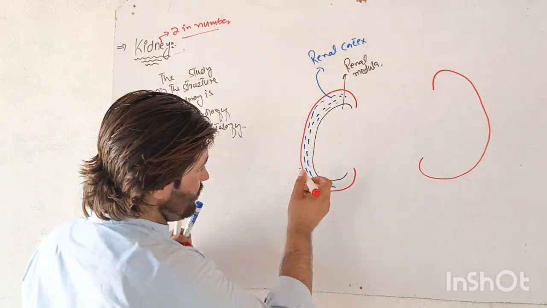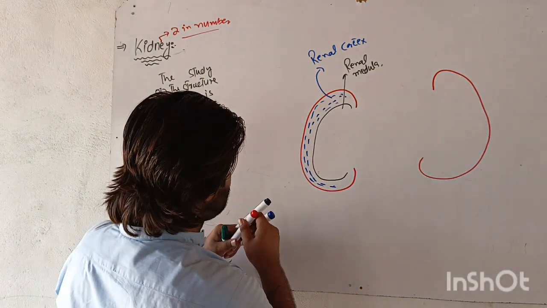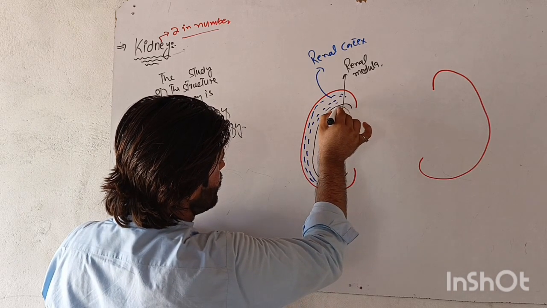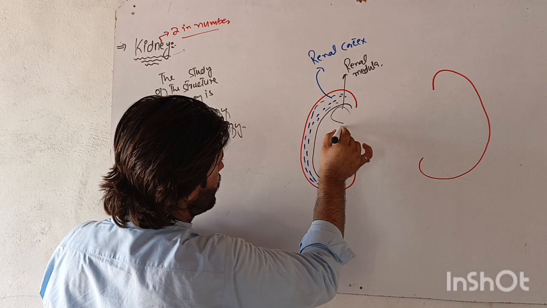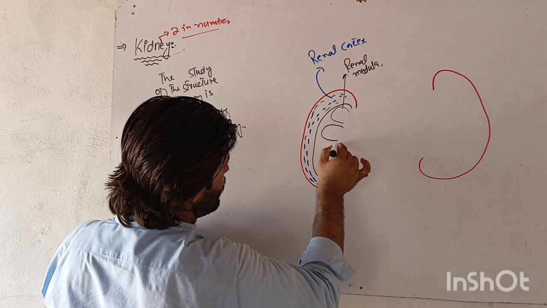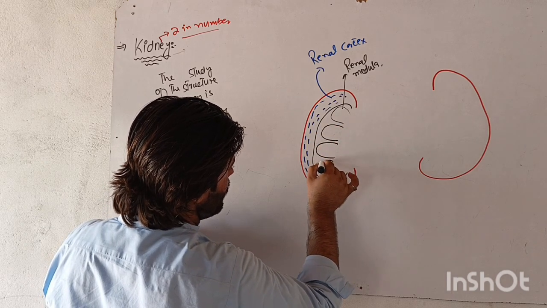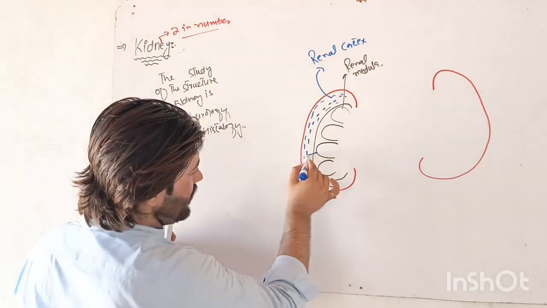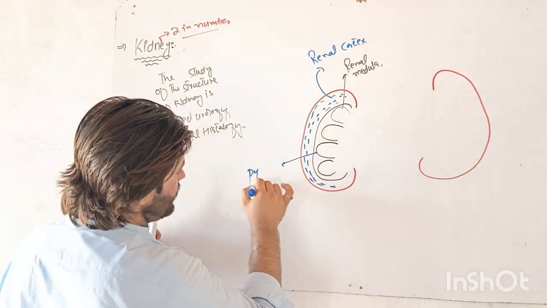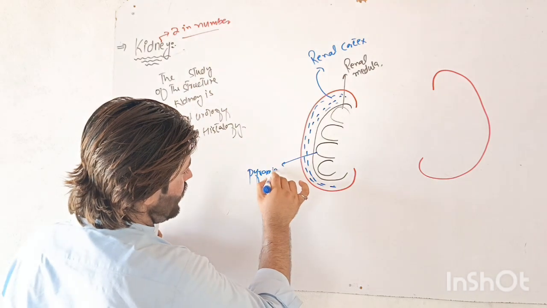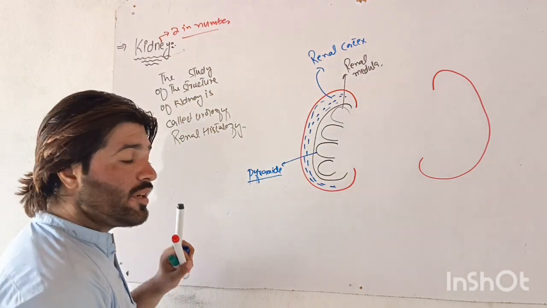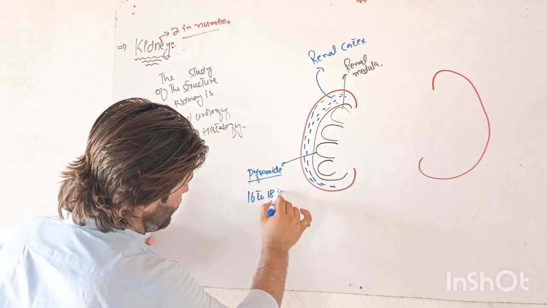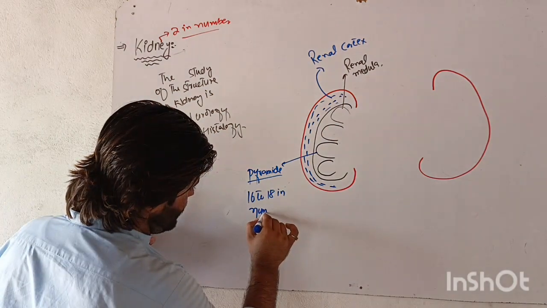And this part is called the pyramids. The number of pyramids is 16 to 18.